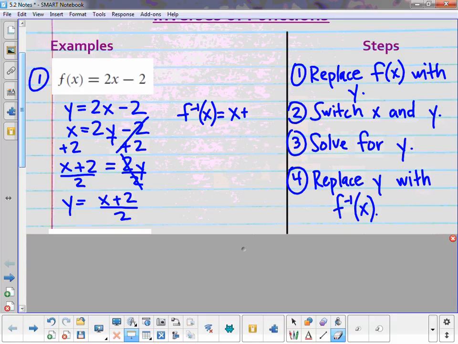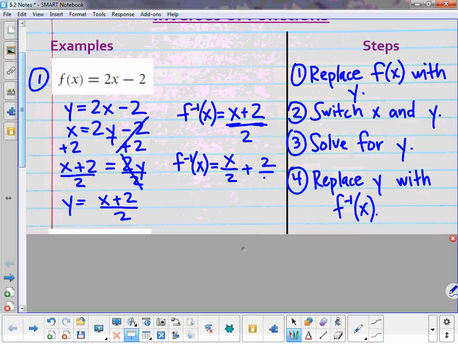So we can't just take the 2's away and not do anything with the x. So another way to write this, since we're dividing the x by 2 and the 2 by 2, would be f inverse of x equals x over 2 plus 2 over 2. So that's another way to think of it.